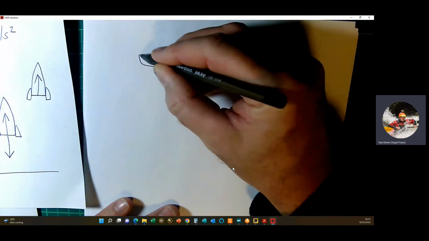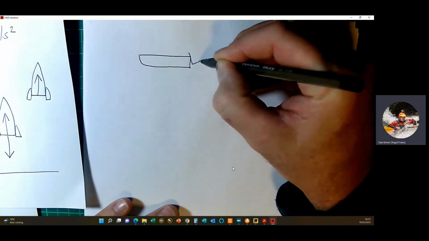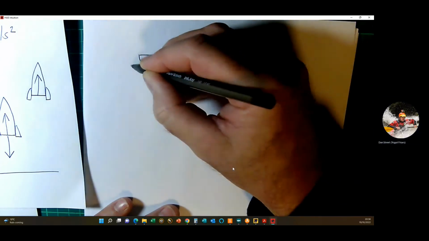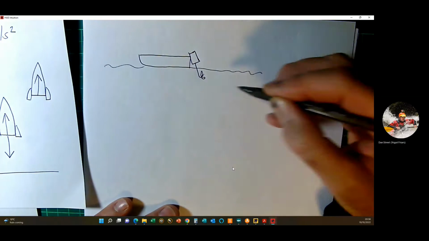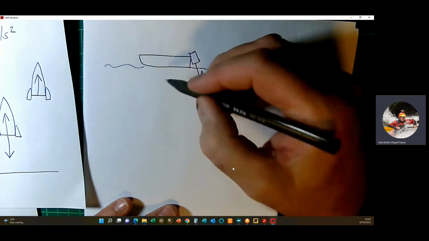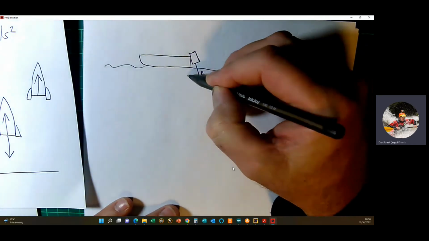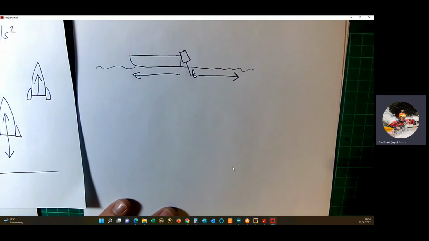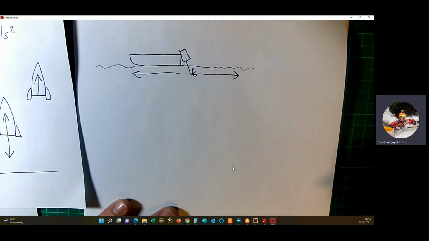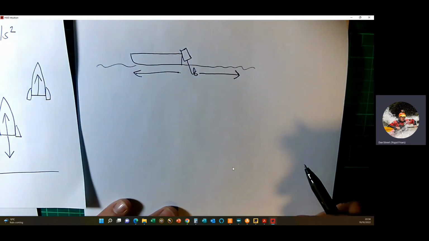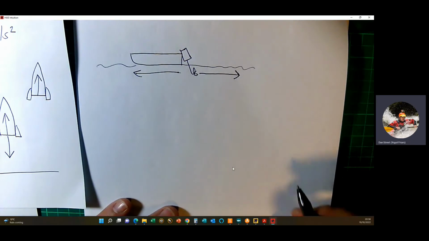I shall not be able to draw quite such an exciting diagram with the propeller. There's the water. As the propeller thrusts the water in that direction, the opposite and equal reaction of the boat is to travel in that direction. So that is the boat adhering to Newton's third law, because it travels in an opposite and equal direction to the thrust of the propeller pushing the water backwards.